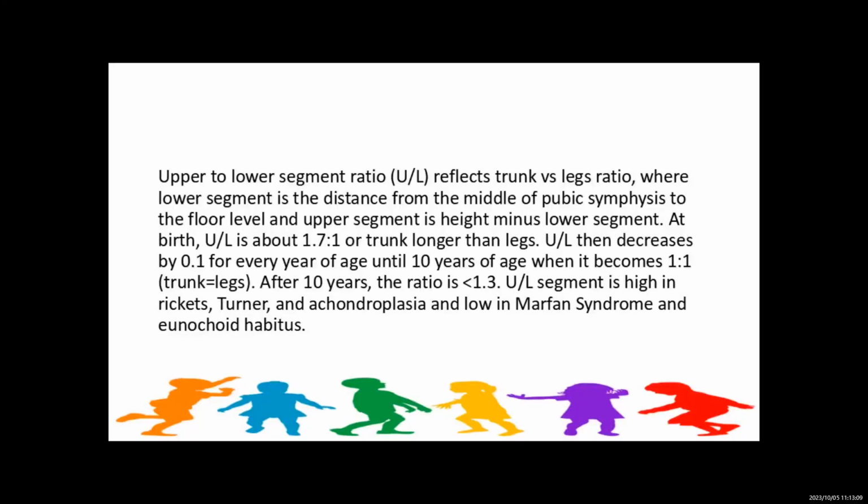But in specific diseases like Turner syndrome, which we learned yesterday, but there are also other diseases, like rickets and achondroplasia. All of that, basically, the ratio will be high, and will be low in Marfan syndrome.